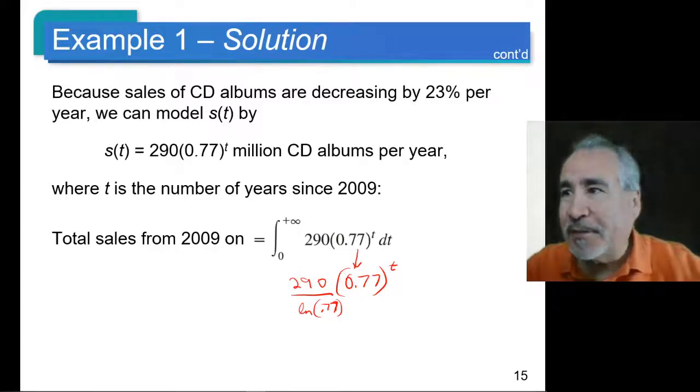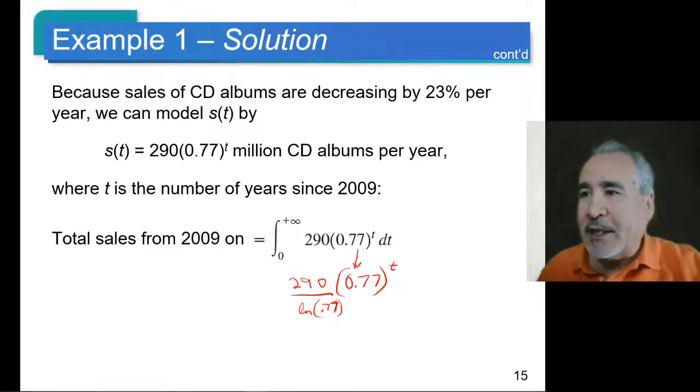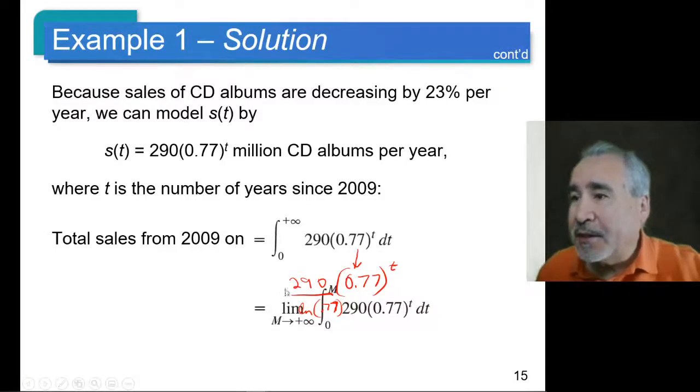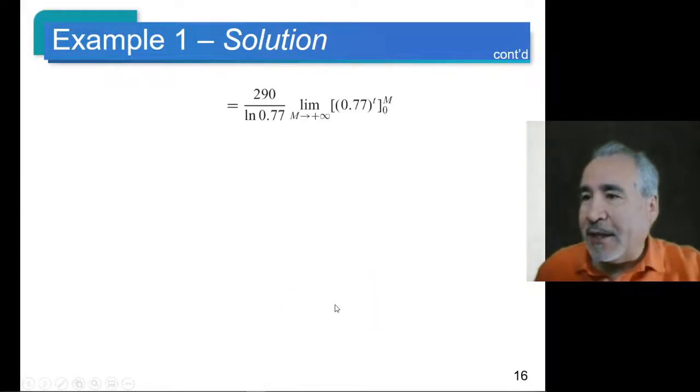Anyway, here it is. And again, we're going to go from 0 to m, and then we'll take the limit of this. Notice this is the integral, what we got, 290 over the natural log of this.